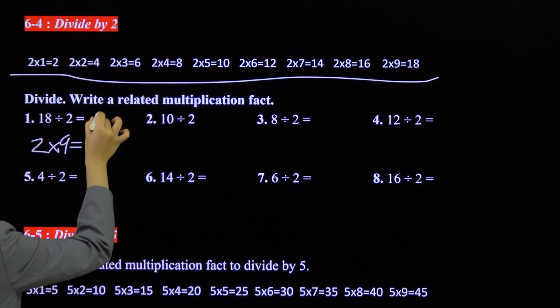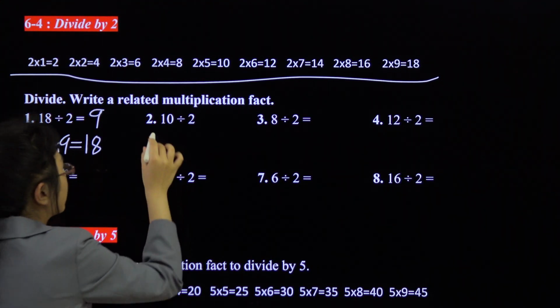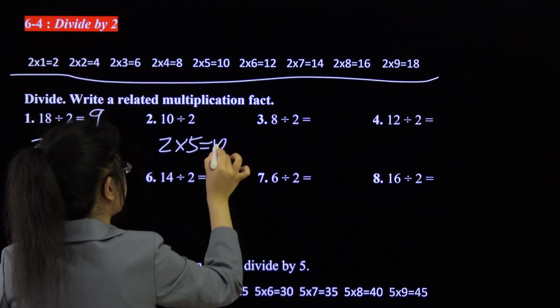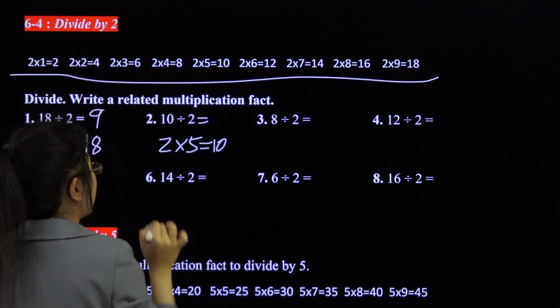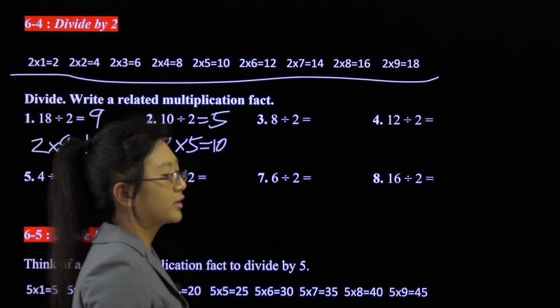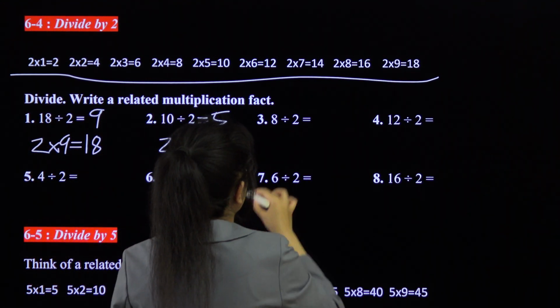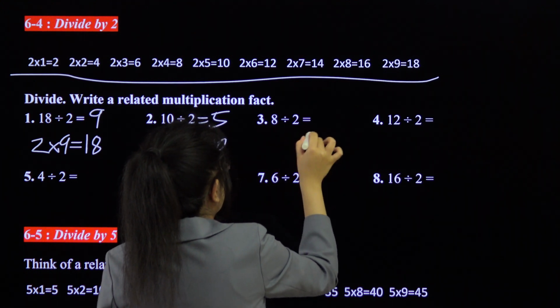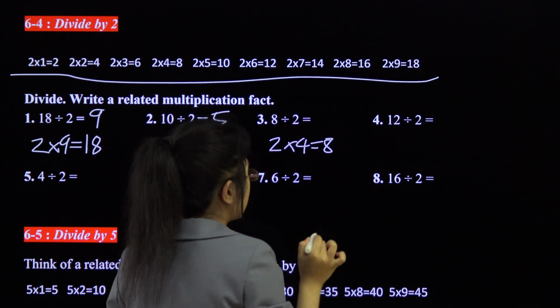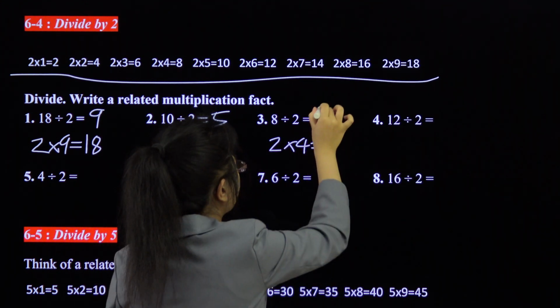Therefore, 18 divided by 2 is 9. 10 divided by 2. 2 times 5 equals 10. Therefore, 10 divided by 2 is 5. 8 divided by 2, 2 times 4 equals 8. 8 divided by 2 equals 4.